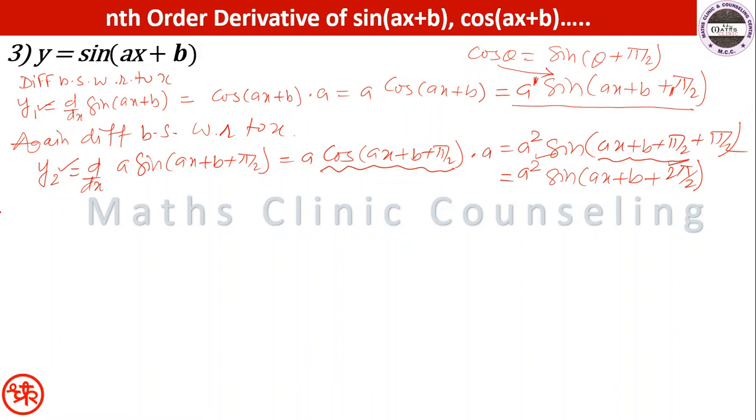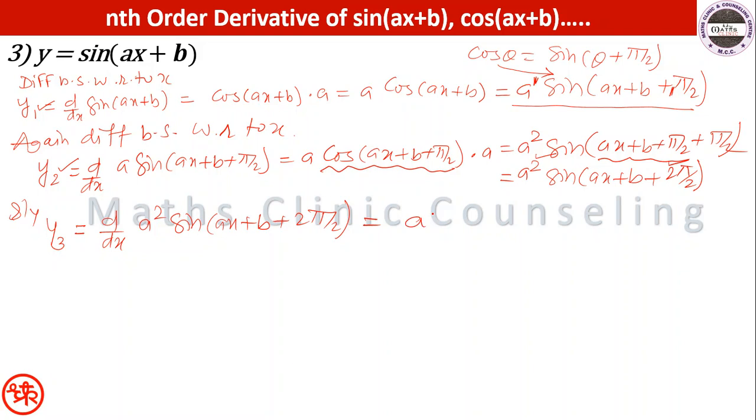Similarly, y3 is what should it be? That is d/dx of a square into sin(ax+b plus 2 pi by 2).